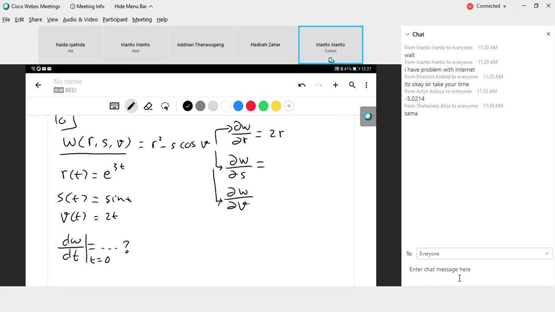The first derivative of W with respect to S is negative cos V. The first derivative with respect to V: the derivative of cos is negative sine, so it will be positive S sine V.